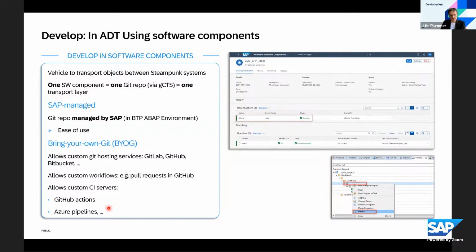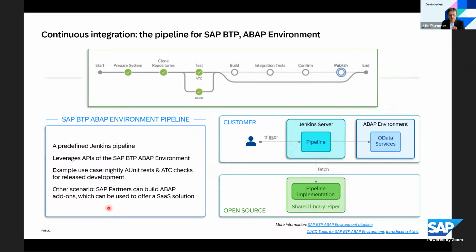Once you've developed a feature, you're going to want to test that. So we offer, as part of our continuous integration offering, several pipelines and several pipeline steps. We've created an open source project.